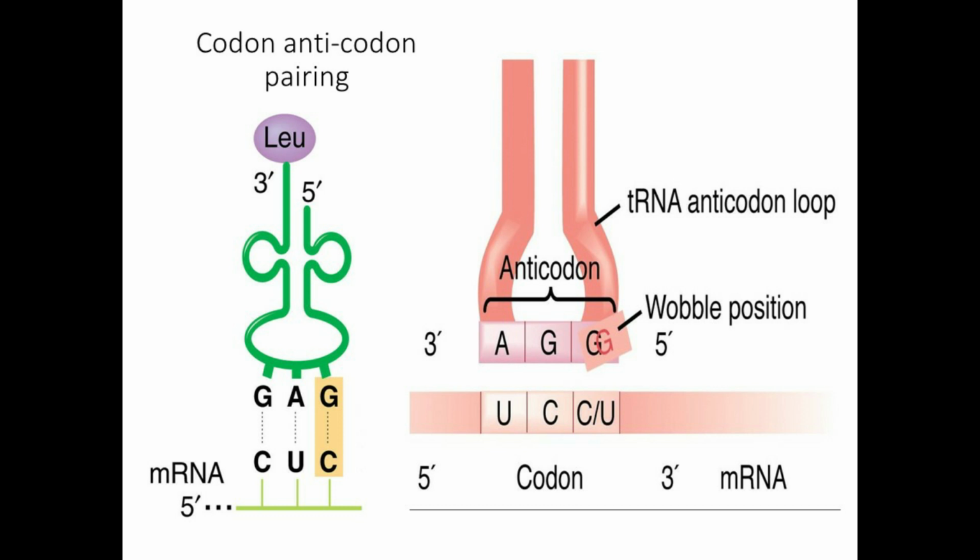And in that triplet, even if the last nucleotide wobbles or changes, it makes no difference in anticodon-codon pairing. That is what is called the wobble hypothesis. That is how the tRNA acts as an adapter molecule for positioning the amino acids in the exact position in a growing polypeptide chain.